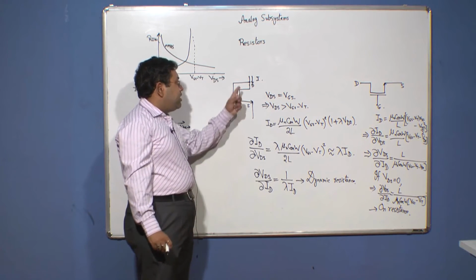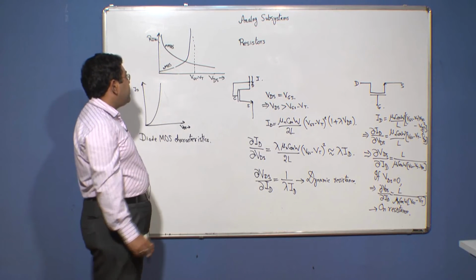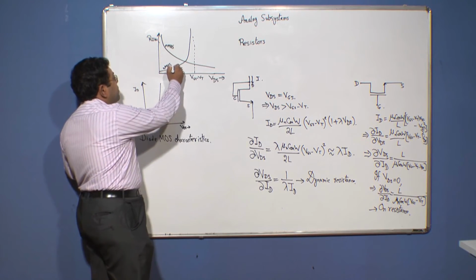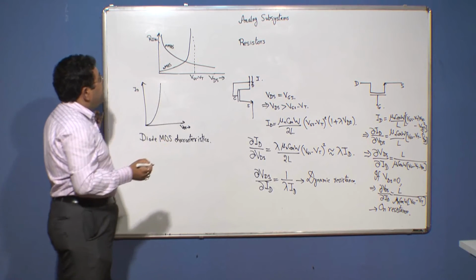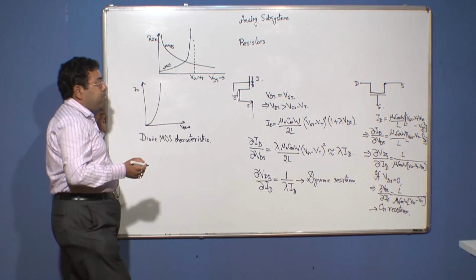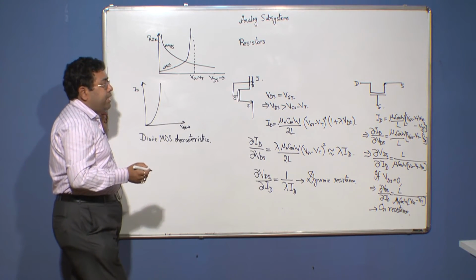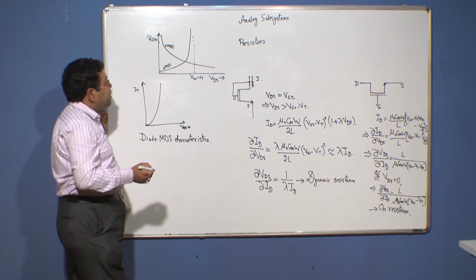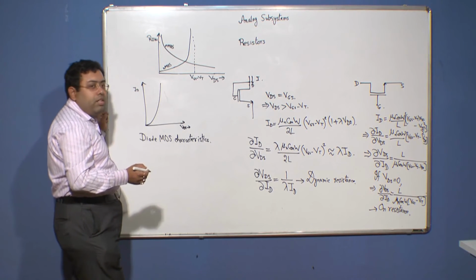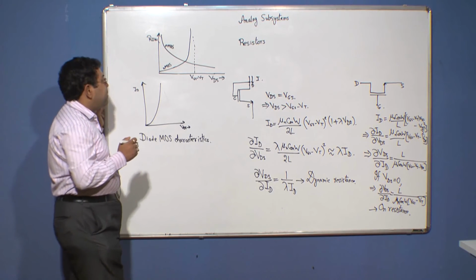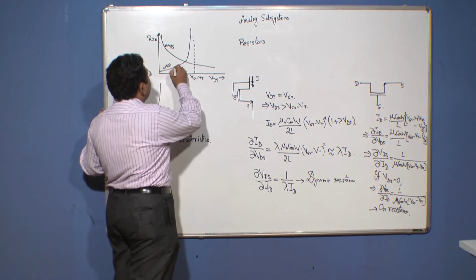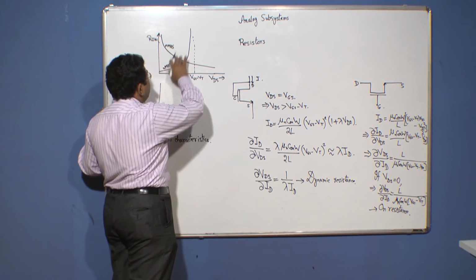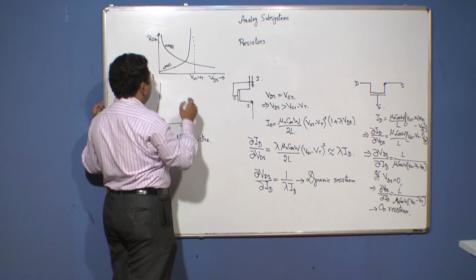And therefore, these resistances are non-ohmic, and we typically have to take care of the nonlinearity embodied in its behavior when we use it in specific circuits. And so, we see that both the NMOS and PMOS resistors are nonlinear.